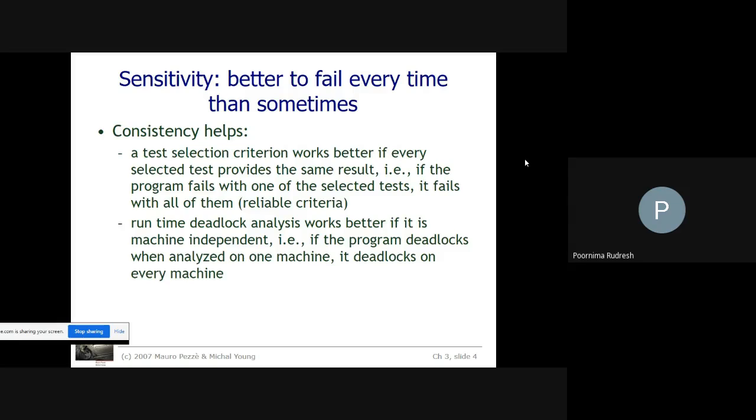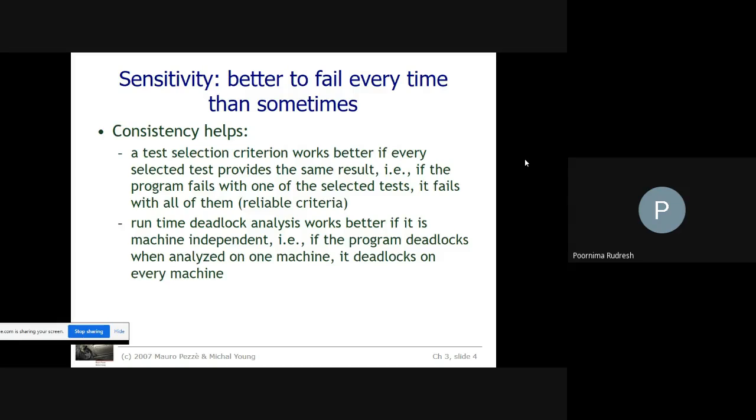So if the system fails for one test, then it has to fail for all such selected test cases. Or if the system provides the correct result, then it should give the correct results for different test cases. And then we say that the system is consistent and reliable.